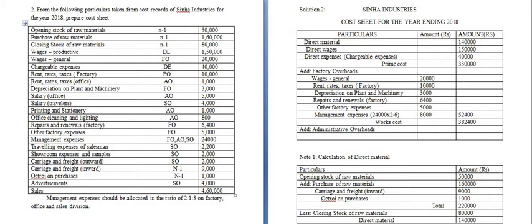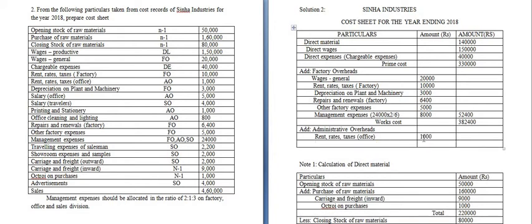Here it is rent, rates, taxes, office. Write it here. Write the amount in the inner column. It is 1,000. Now next, salary office, 5,000.